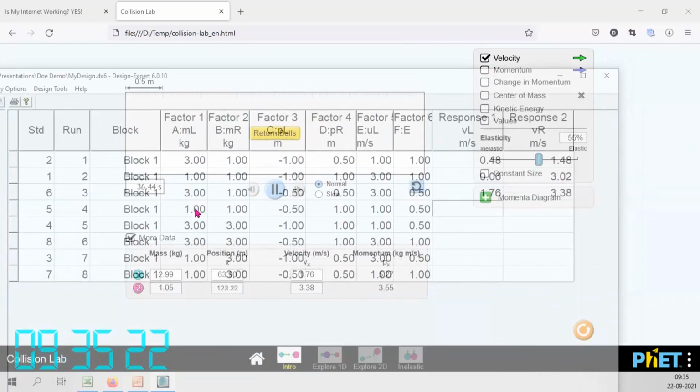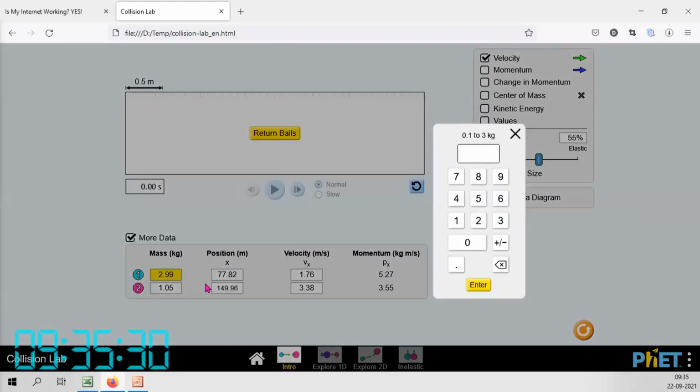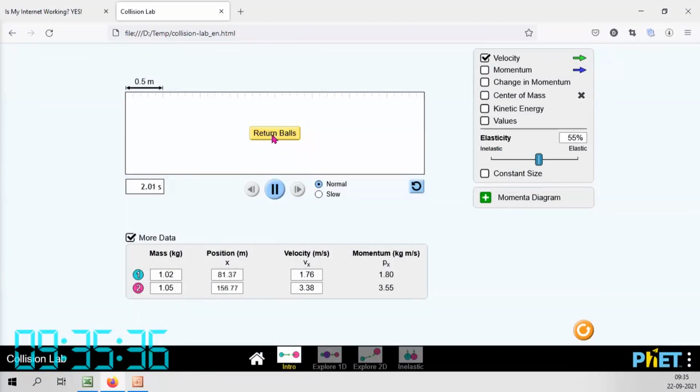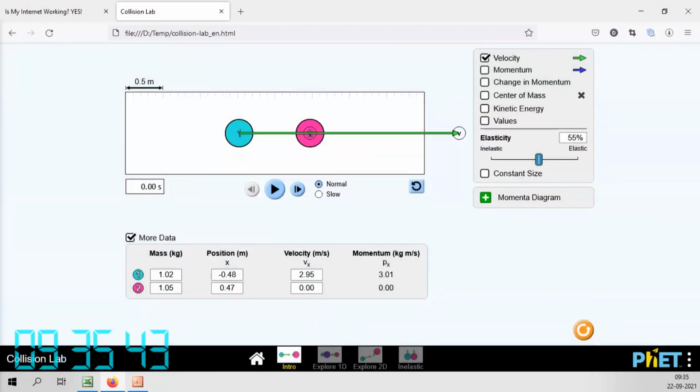So next is 1, minus 0.5, 1.5. So 1, I'll put 1.02.